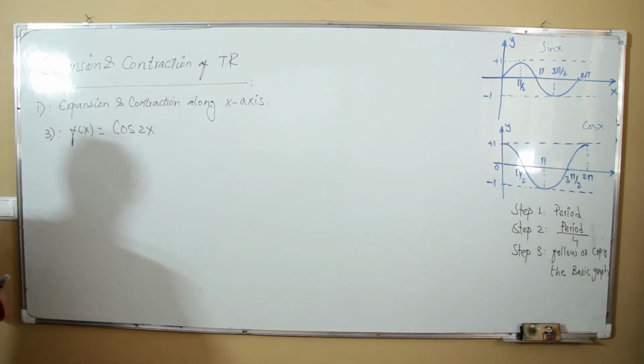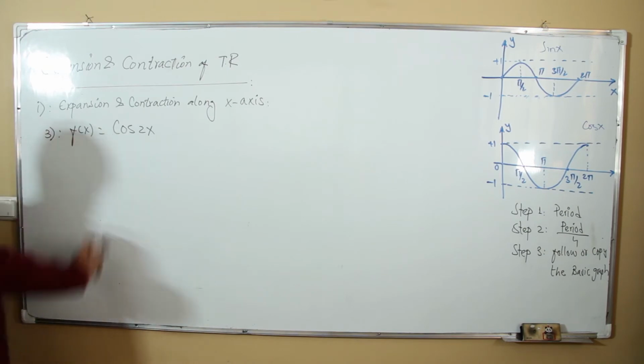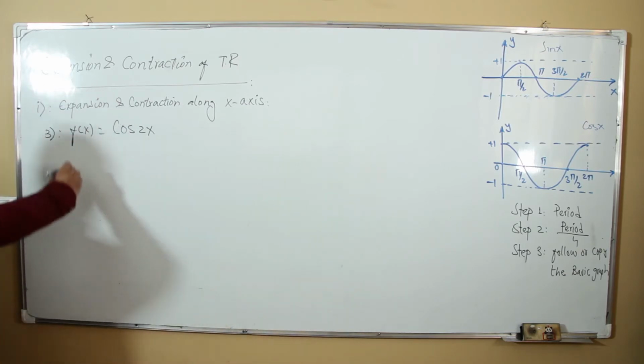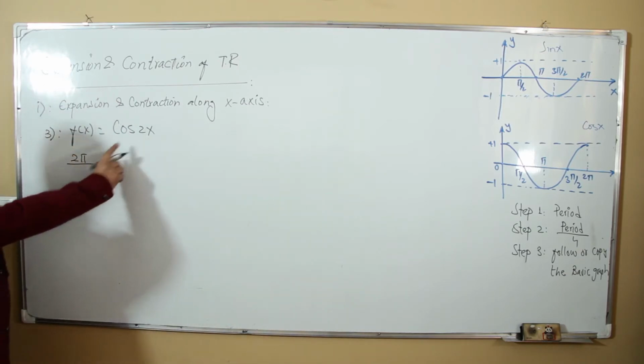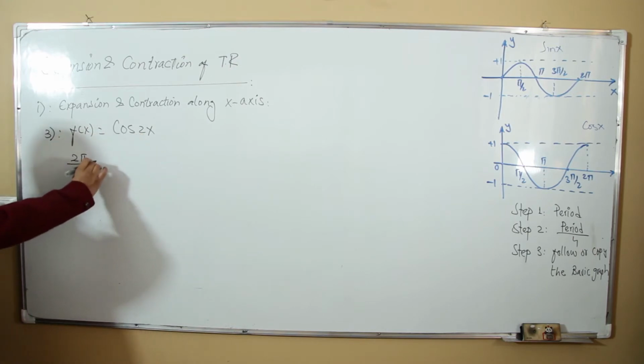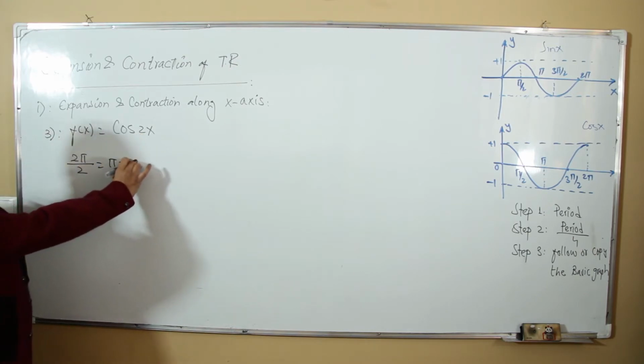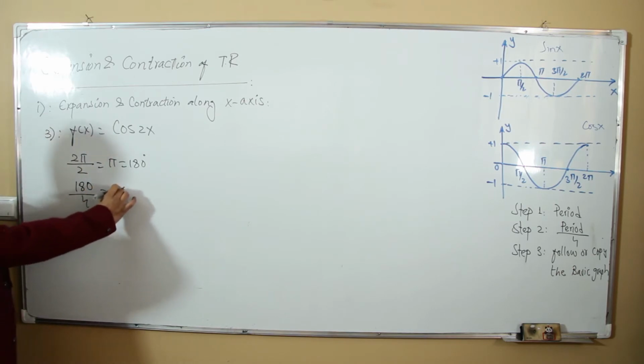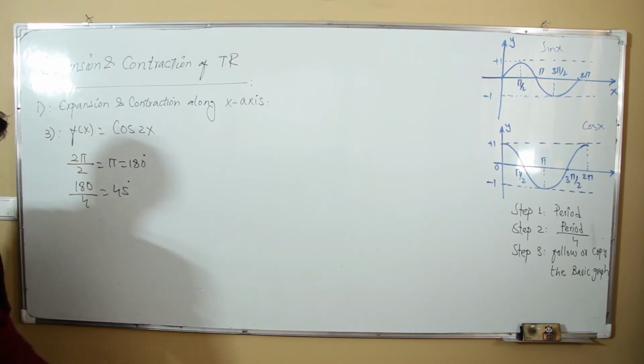By the way, what is the period of cosine 2x? Period of cosine x is 2 pi or 360. So 2 pi divided by this coefficient 2, it is pi or 180. Now 180 divided by 4, it is 45 degree. Am I right or not?